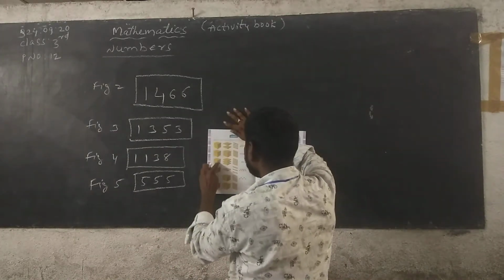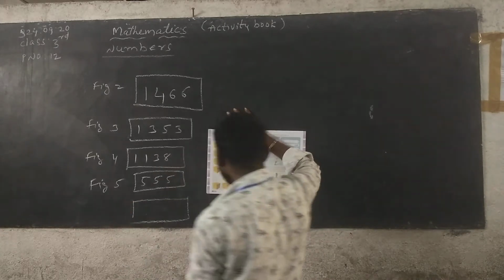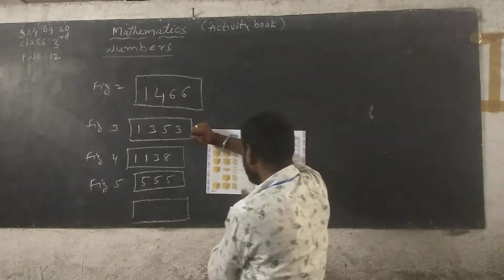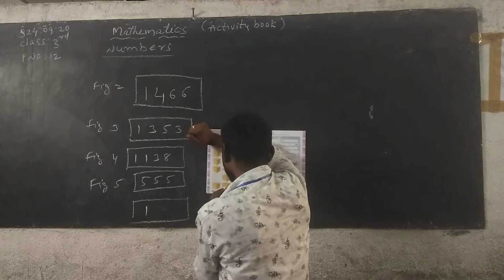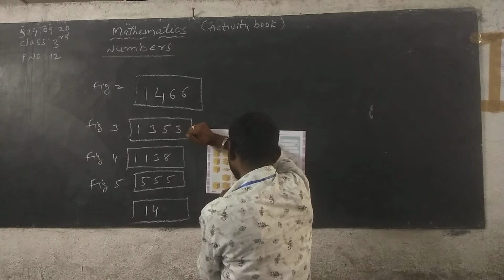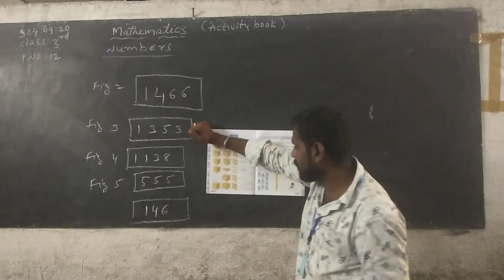Next figure 6. See here. Ones, tens, hundreds. So here 1, 2, 3, 4. Then 1, 2, 3, 4, 5, 6. That's it. 146.